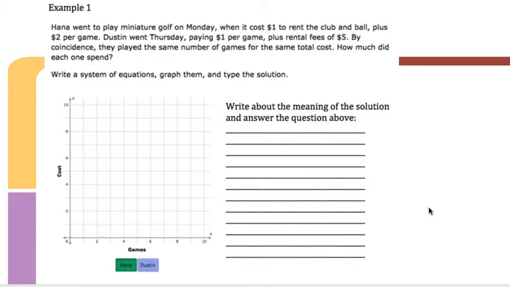It says, Hannah went to play miniature golf on Monday when it cost $1 to rent the club and ball, plus $2 per game. So already I see $2 per game, so I know that that is going to be the slope of Hannah's equation. And I see $1 to rent the club and ball, so I know that that is going to be the y-intercept of Hannah's equation.